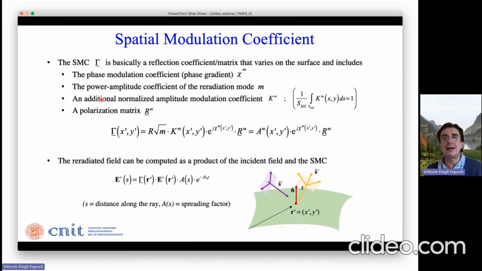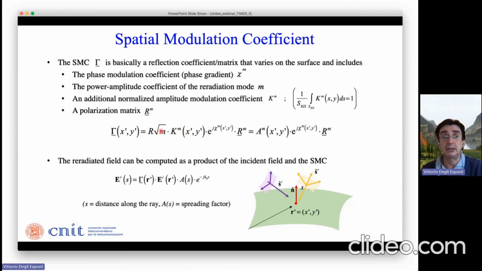Also an additional normalized amplitude modulation coefficient that's useful to describe non-local effects over the metasurface, and a polarization matrix for polarization description. So at the end, the spatial modulation coefficient, if you look at this last expression, has an amplitude, phase, and the polarization matrix, and each one of these is defined using a number of parameters.